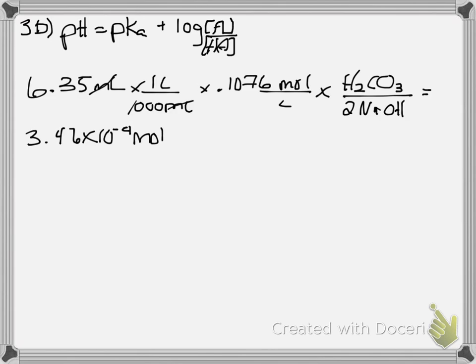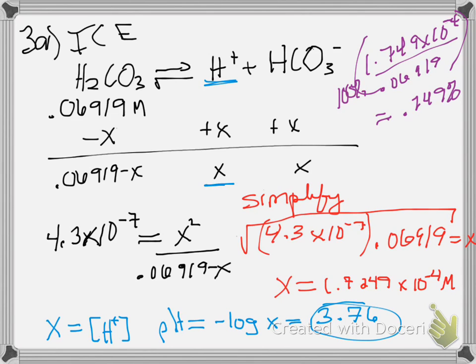moles of, oh, sorry, actually, let me just back up here. Well, no, this is all right. We can use this. It would have reacted with this many moles of carbonic acid. I also know from the problem before that how many moles were there to begin with.